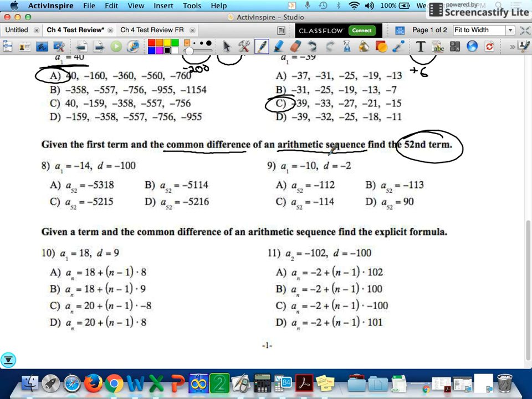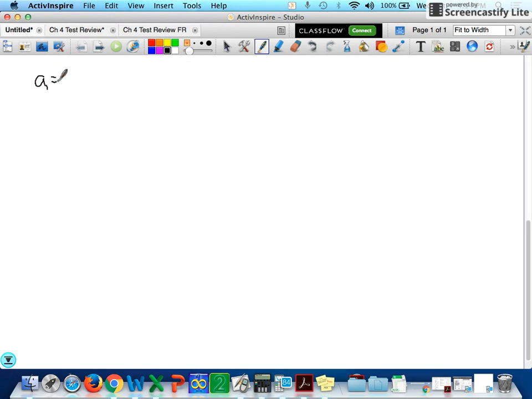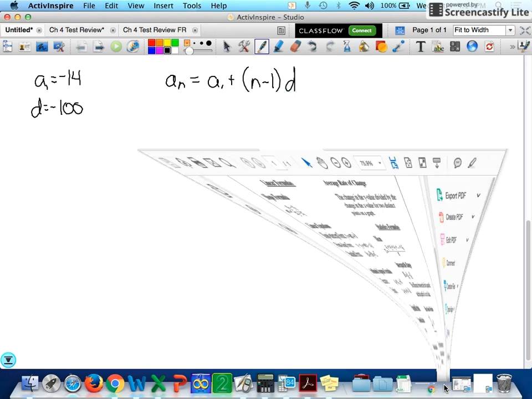Well, the one that tells us any term we want is that explicit formula. So we've got negative 14 and a negative 100. And we're going to be using our explicit formula, which is a sub n equals a sub 1 plus n minus 1. And then we always put the d out back because that's how it is on your formula sheet. That comes straight from the formula sheet.